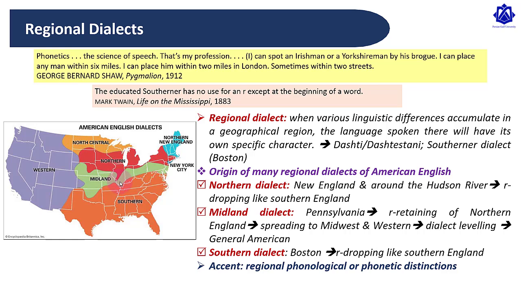So the basic, main classification of the American English dialects is based on where from England they have come. If they have come from Southern England, they drop R. If they are coming from Northern England, they are keeping R.